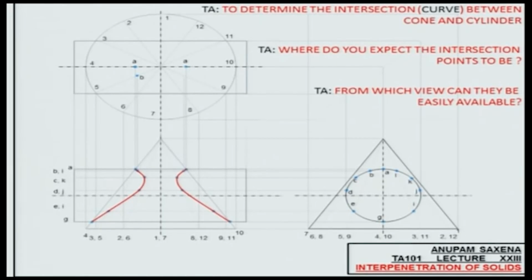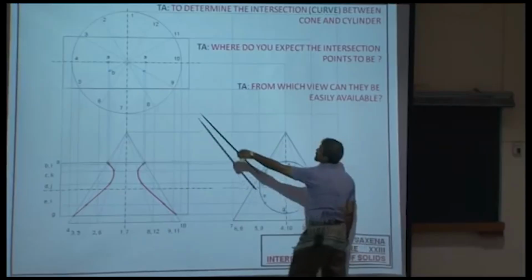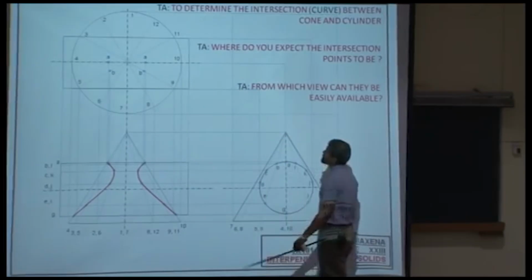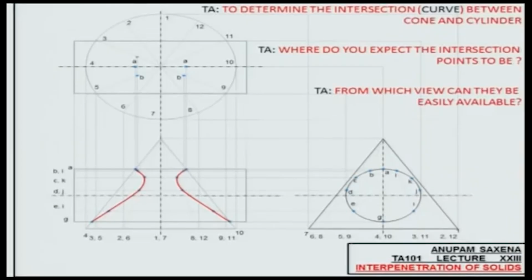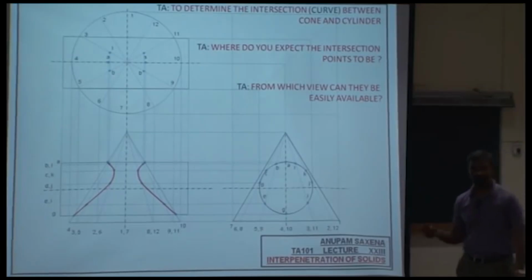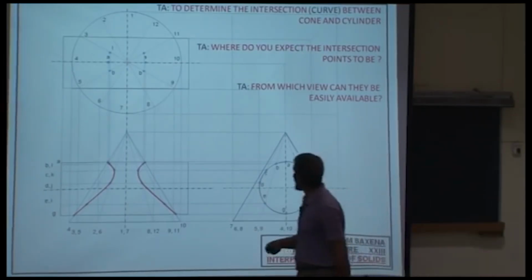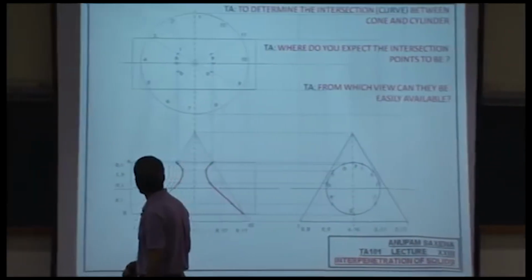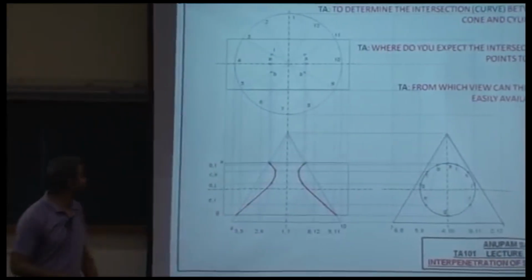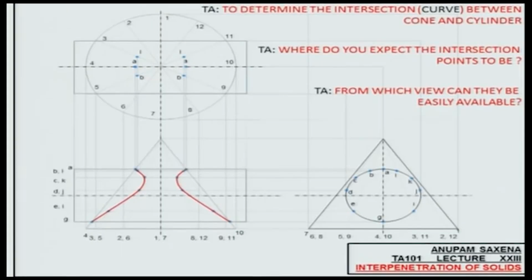Likewise, this one would be on 9 and 11. So 9 here, and if you project them upwards, labeling is important. B would be on 5 and 9 respectively, and L will be on 3 and 11 respectively.